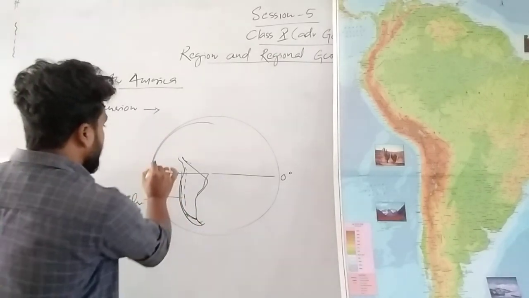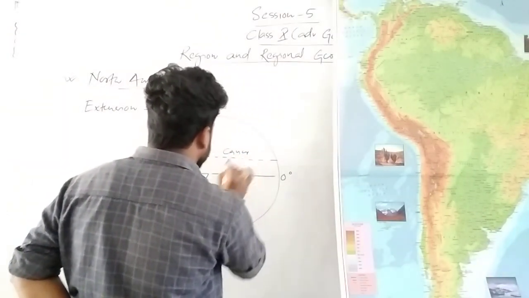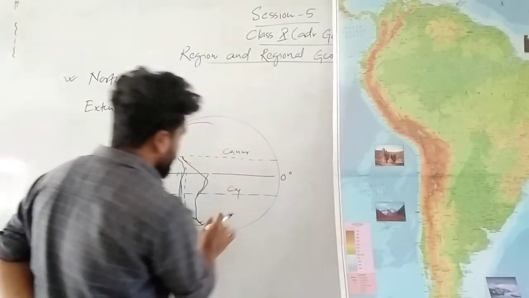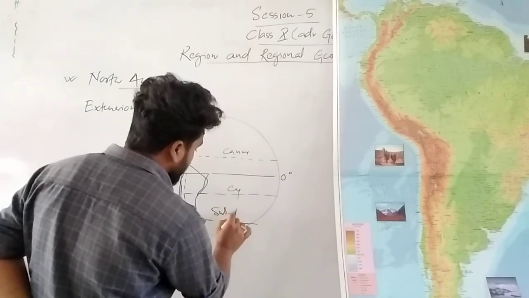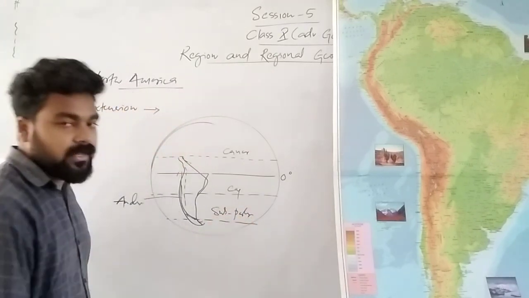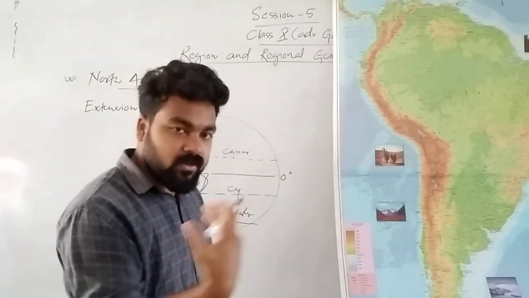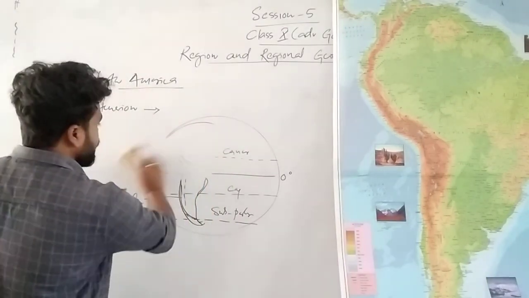That means North America is extending from near the Tropic of Cancer up to the subpolar region. We have studied what the subpolar region is in class 10. Not exactly from the Tropic of Cancer, but generally from near the Tropic of Cancer. Now we will see the extension of North America.